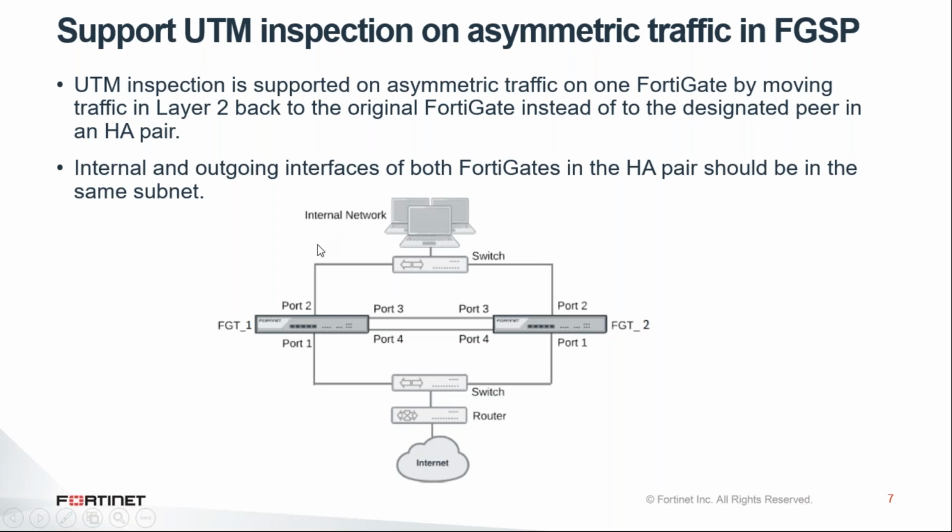Now what we will do is traffic sent to FortiGate 1, returned via FortiGate 2, the flows will go over the link here and be controlled, and the policy check for UTM will be done on FortiGate 1 and delivered to the endpoints. So this is a nice feature, I think, if you have scenarios where asymmetric routing is the case.